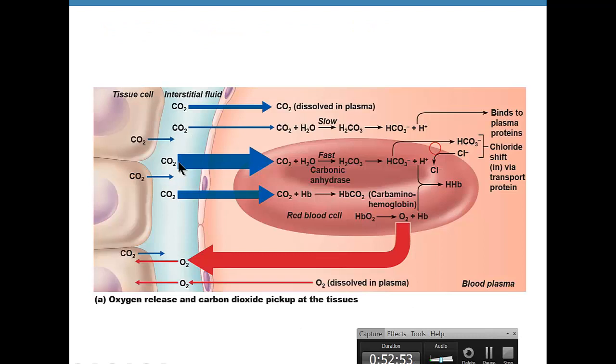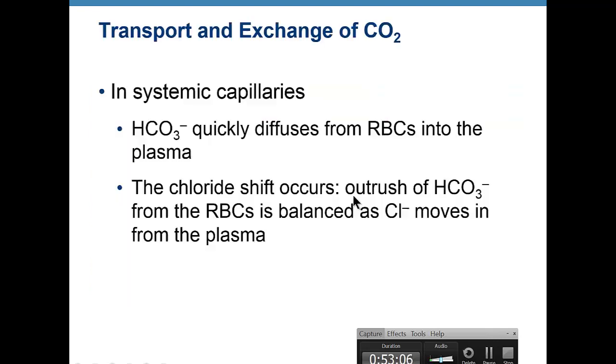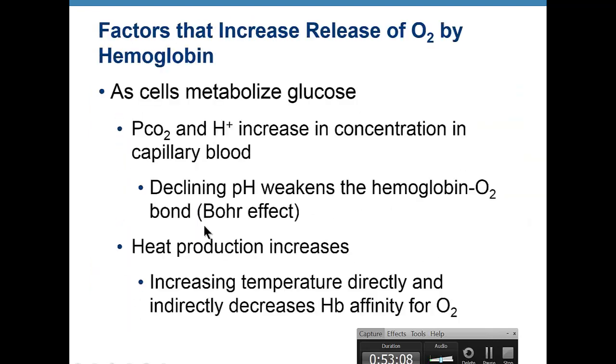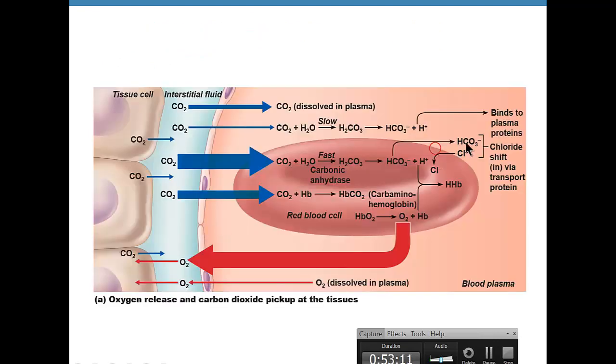So let's go down there and find that one. Right here. 20% just goes right in, binds to hemoglobin. And then the other 70% is here, out in the plasma. Okay, so label this one 70%, out here in the plasma. Everybody okay with that? So this is a nice diagram. It just shows visually the 3 ways that carbon dioxide is transported.